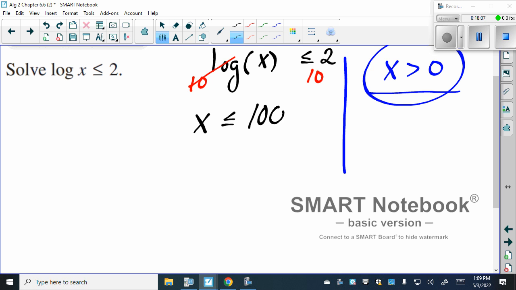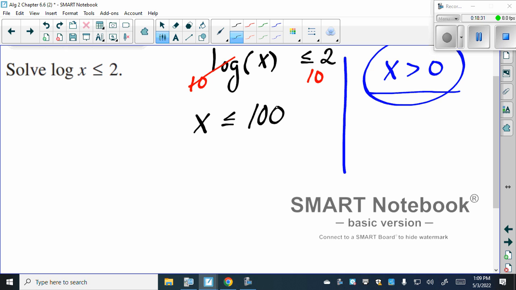And 10 squared is 100. So that's all we had to do, apply that base 10 to both sides, and it simplified everything out. We've got x by itself, yes?